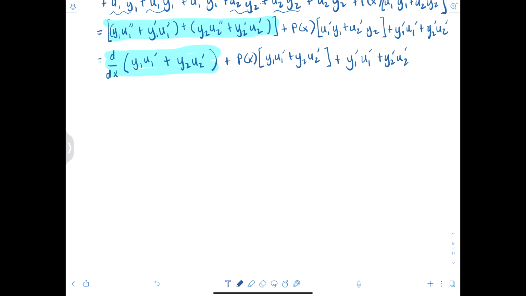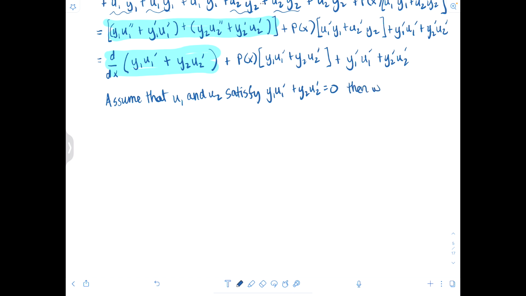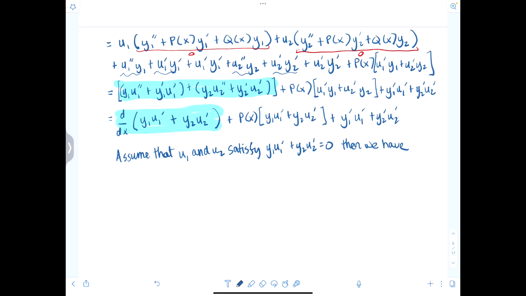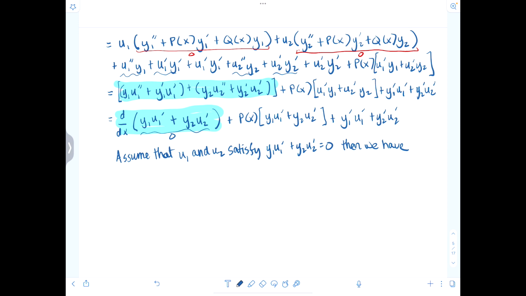Okay, so assuming that u1 and u2 satisfy y1 u1 prime plus y2 u2 prime equals 0, then we have this would be 0, right?